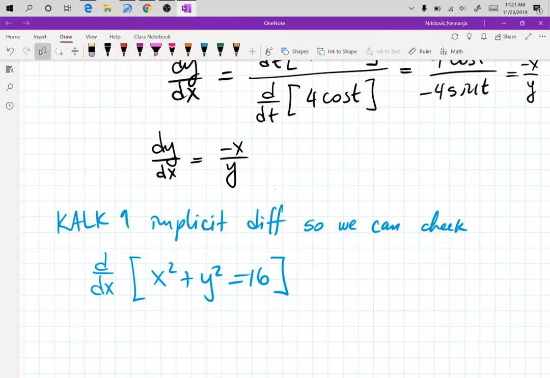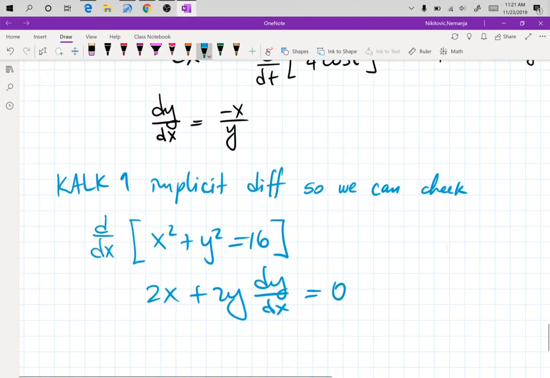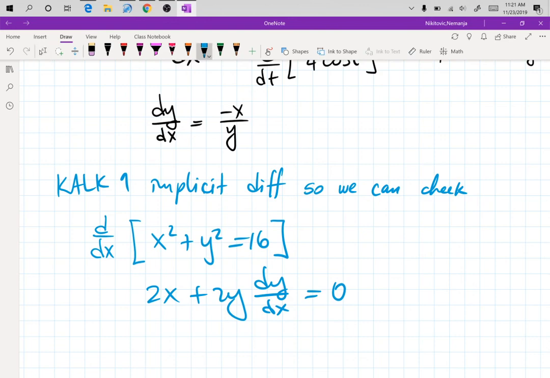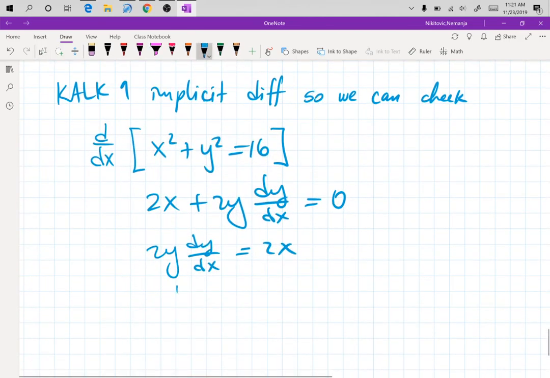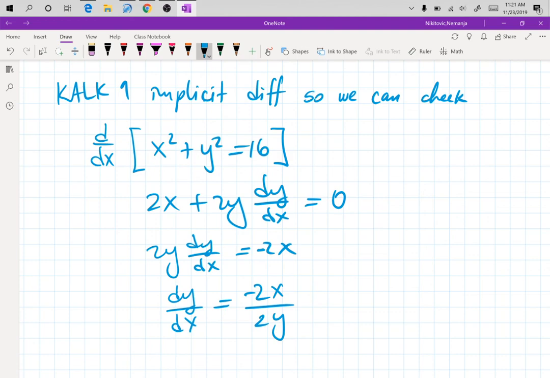And if you do implicit differentiation, you get 2x plus 2y dy dx equals 0. Move 2x to the other side, you get 2y dy dx is equal to negative 2x, and then you divide by 2y, they cancel, and you get your negative x over y, which is exactly what we had with our parametric.